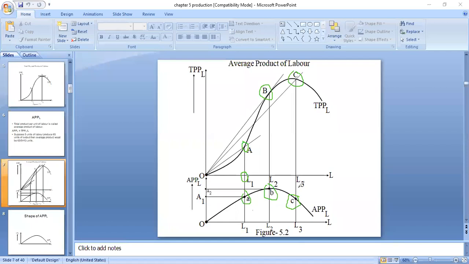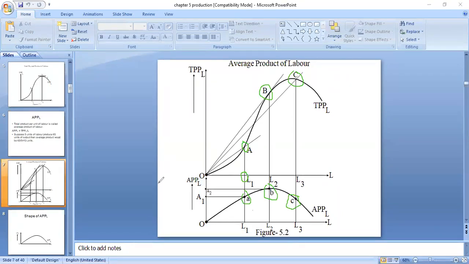Convex curve means increasing at an increasing rate. You get the slope OA by dividing AL1 by OL1. That is the rate of change.